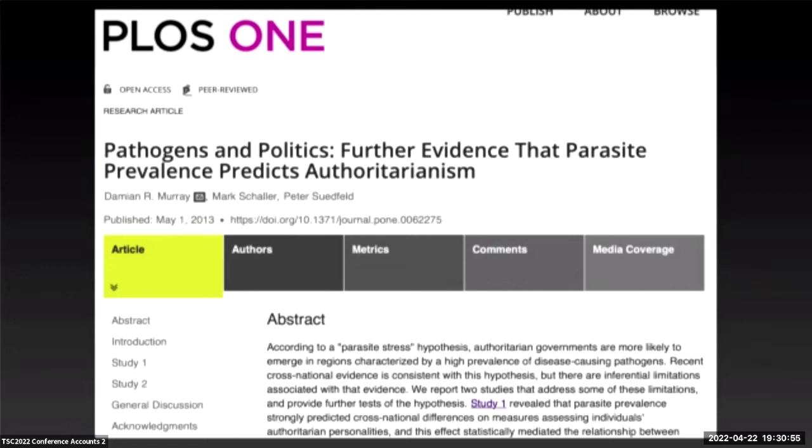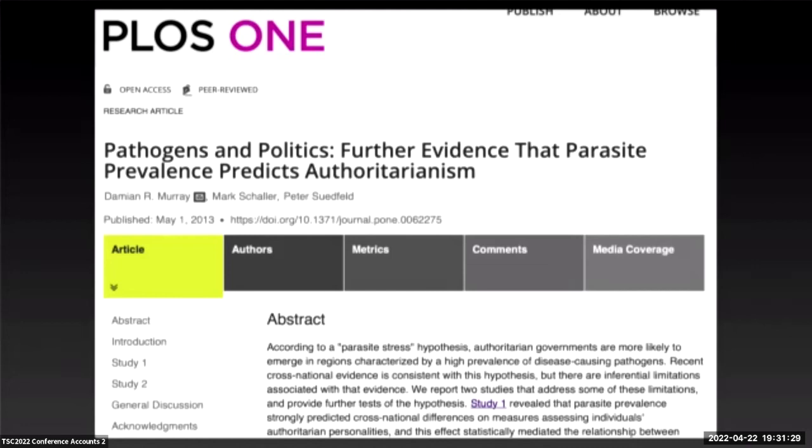So there is a line of research called the parasite stress hypothesis or parasite stress theory, where researchers have found that in populations where there are higher amounts of parasites living in the body, people on political compass tests tend to lean more towards authoritarianism as their preferred political system.